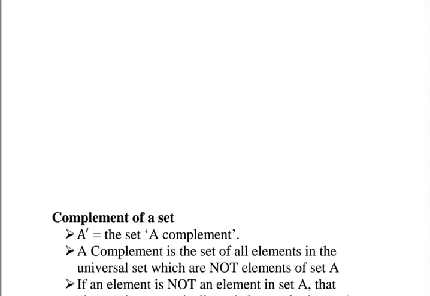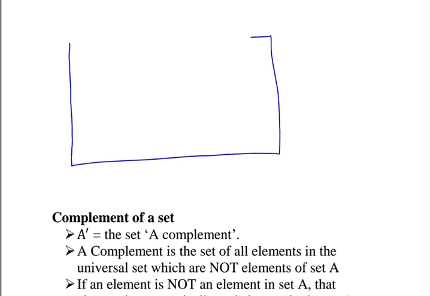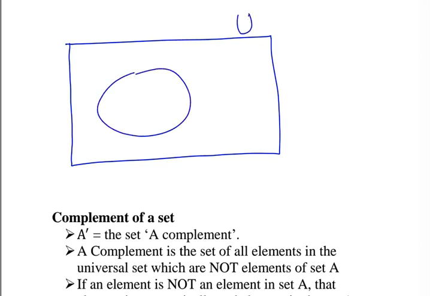All right, so let's just give a little sketch. So that's my universal set. And let us say that the set A is a subset of this universal set. All right, so the universal set is represented by a rectangle, and a subset is represented by a circle or an oval.